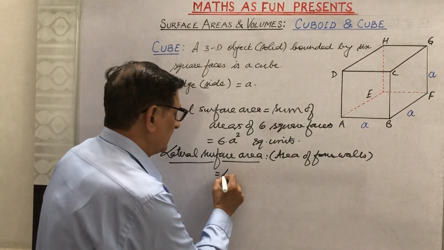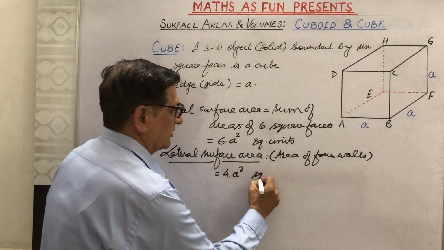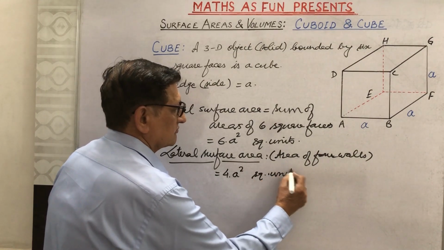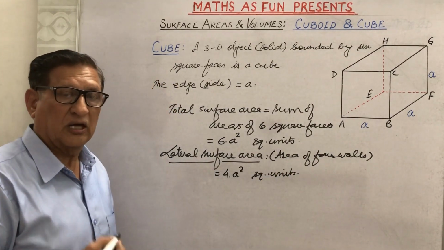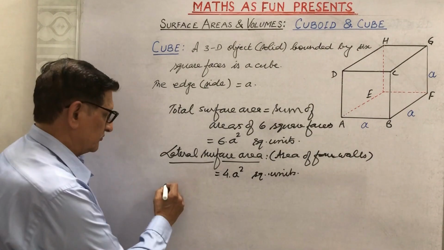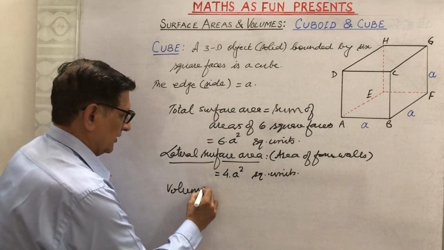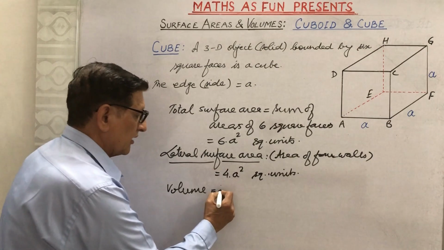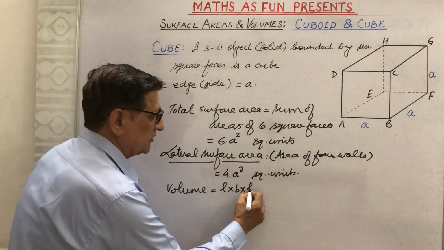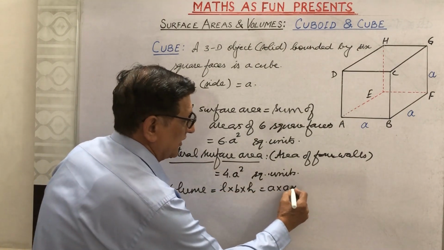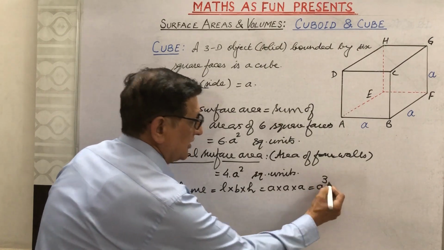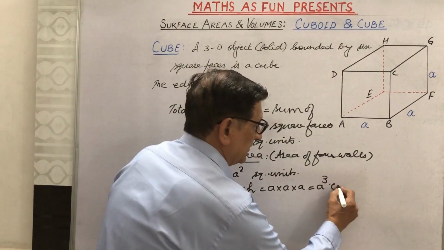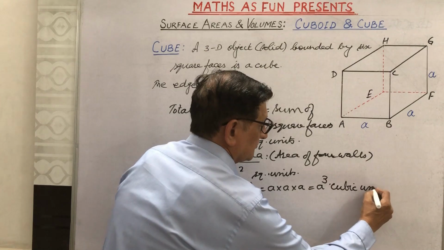It means that will be 4 into A square units. If we talk about the volume of this, as we say L into B into H, it will be A into A into A, or we can say A cube, cubic units.